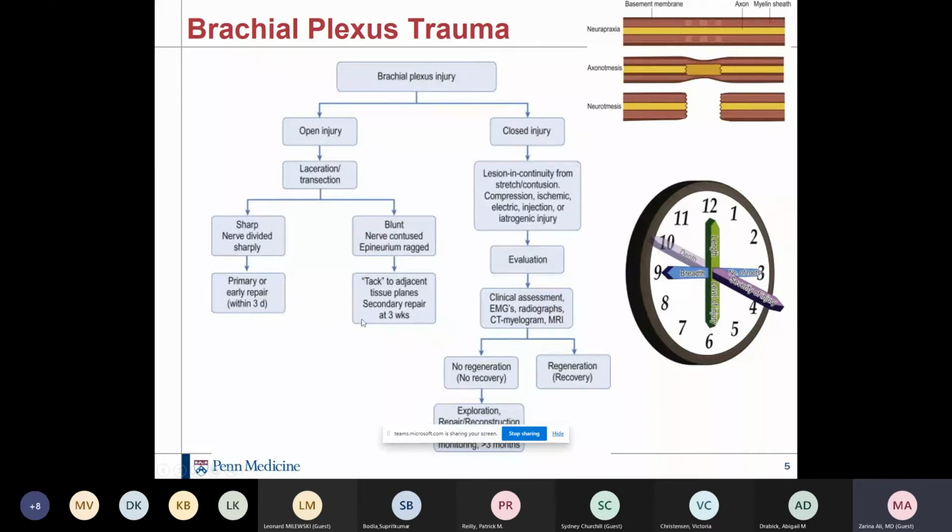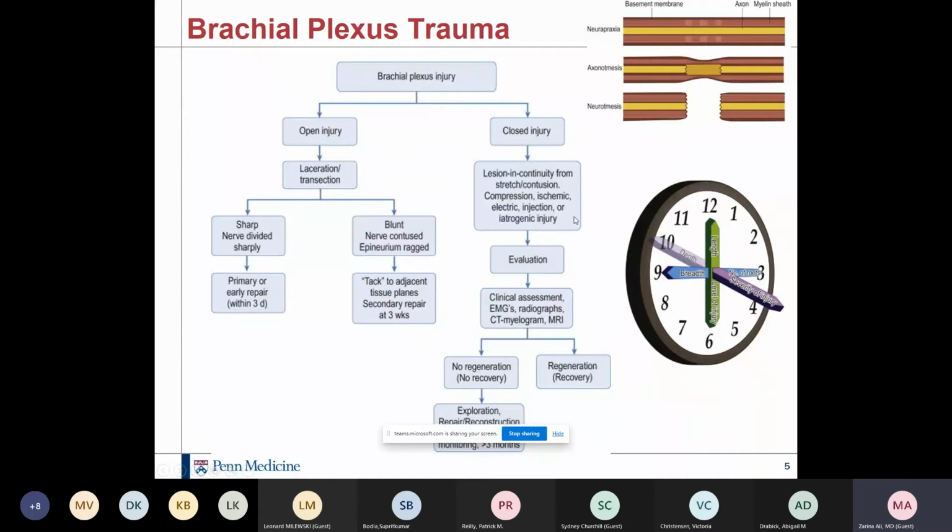Giving it 3 weeks of time allows for that injury, or the distance of the nerve injury, to declare itself, and then we're able to bring a patient back to the operating room and actually repair healthy tissue to healthy tissue after we cut out the scarred component of the nerve.